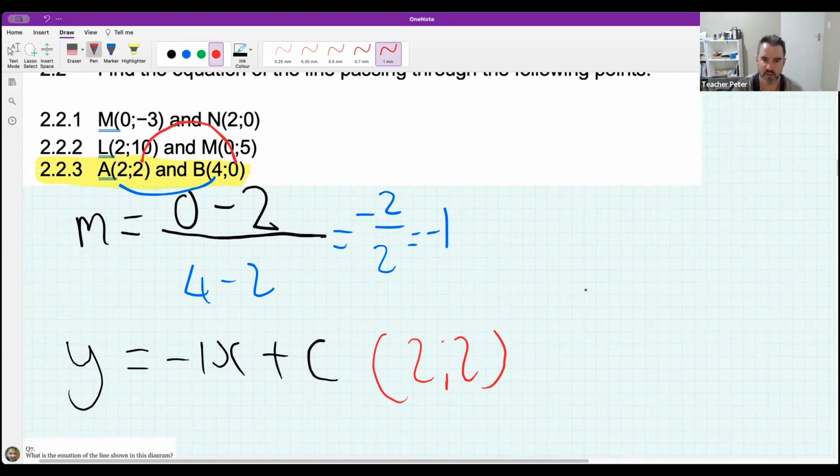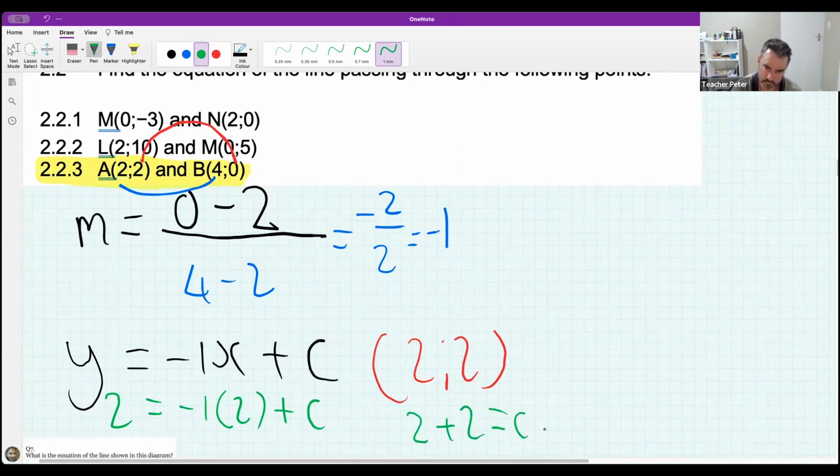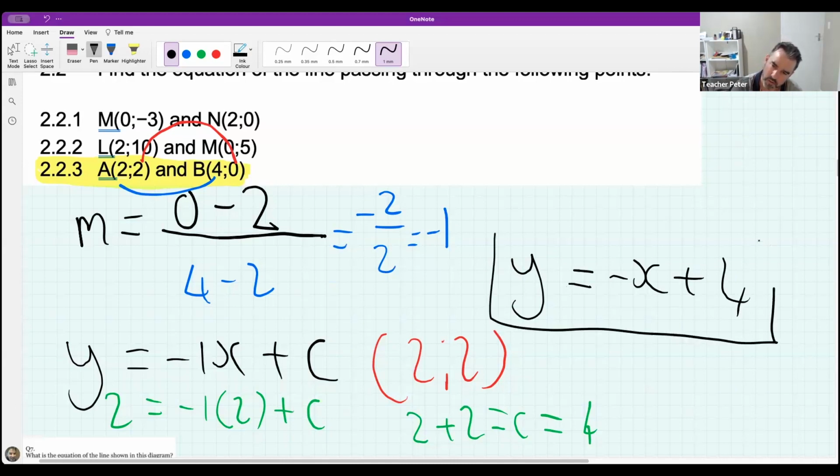So what is my final equation going to be of a straight line? So I get minus x plus 4.